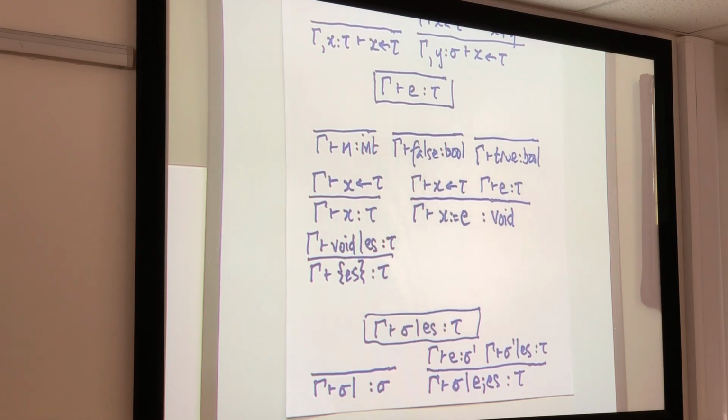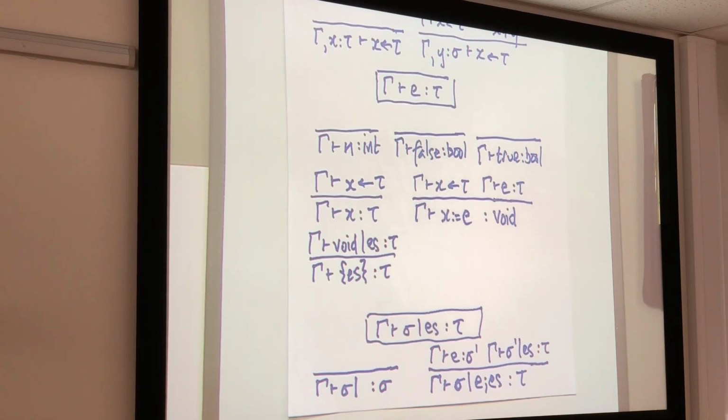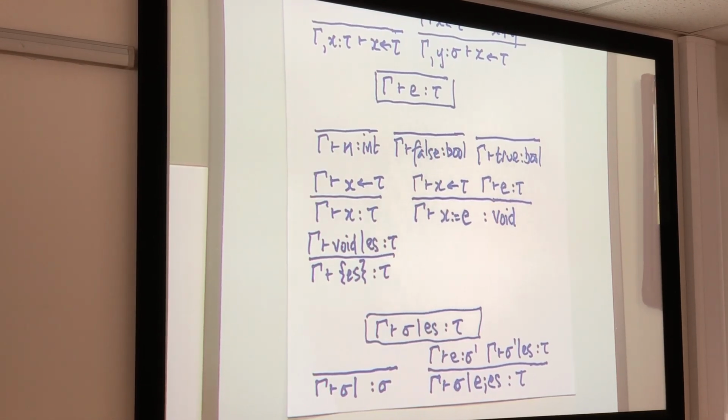If the block is not empty, its type is the type of the last thing in the block. So now we can get rid of do return, and we can just write a block that contains a command followed by an integer expression, and because the type of the second thing is integer, the whole thing will be an integer. So we've saved some ink there.